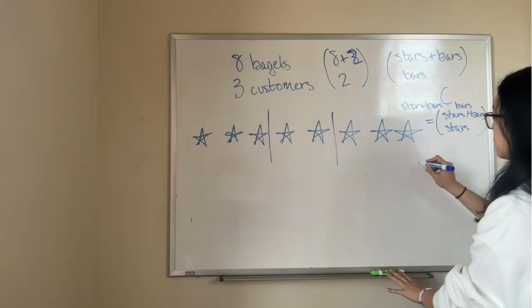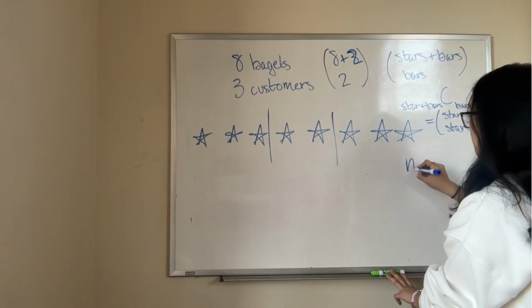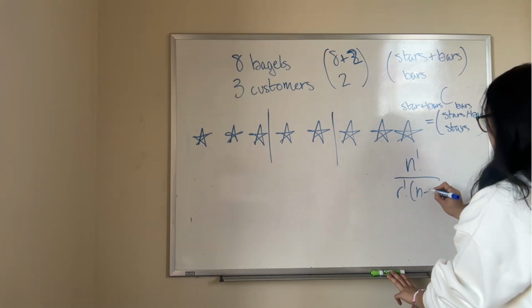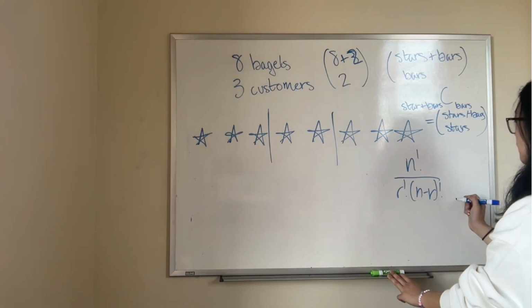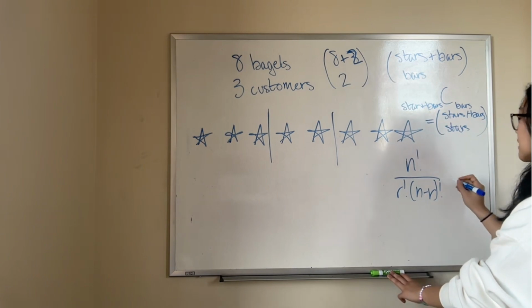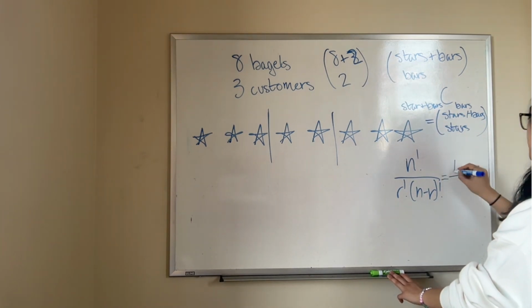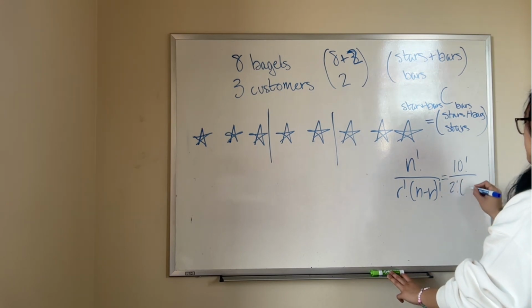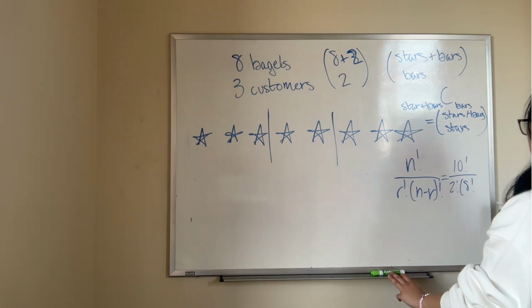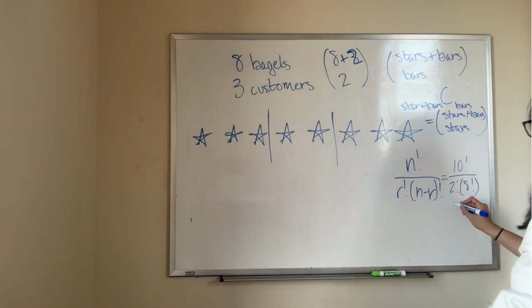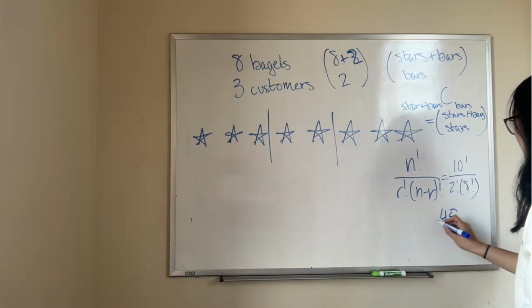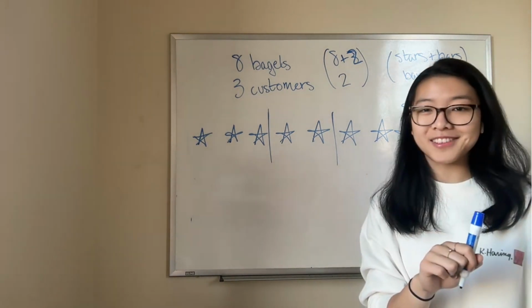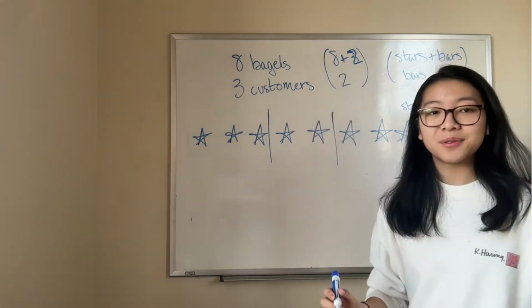If you know the combinations formula, which is n factorial over r factorial times n minus r factorial, you can calculate that pretty easily by hand. You don't even need a calculator. Just do 10 factorial over 2 factorial times 8 factorial, which is, I believe, 45. So there are 45 different ways, if my math is correct, we can divide up our bagels.